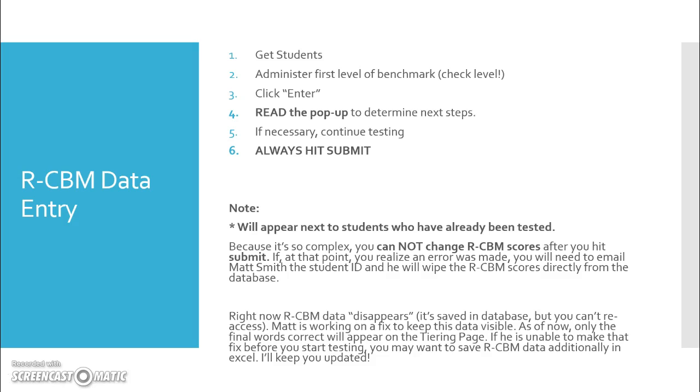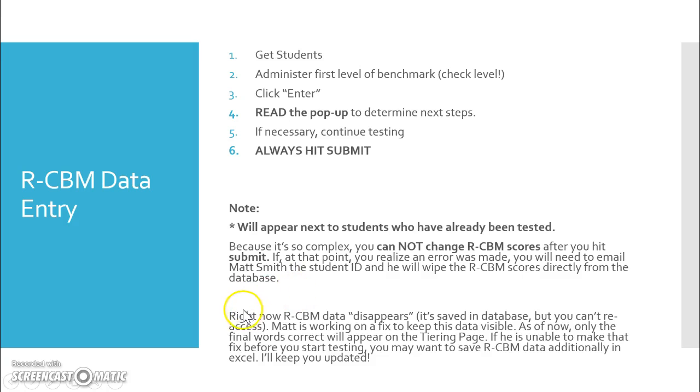So at that point, our only option is for you to email Matt Smith the student ID number, and he will wipe all the R-CBM scores directly from the database. Unfortunately, there's no way to automate this process because every kid has a different number of tests that he goes through, so this is just our best option at this time, okay? So just be very careful as you're entering R-CBM scores.